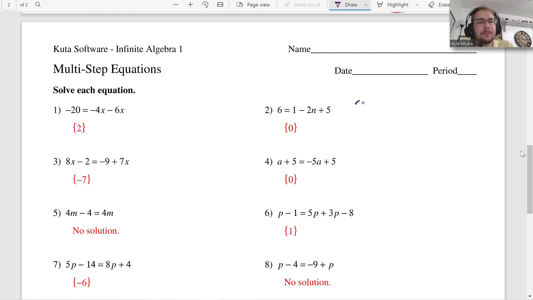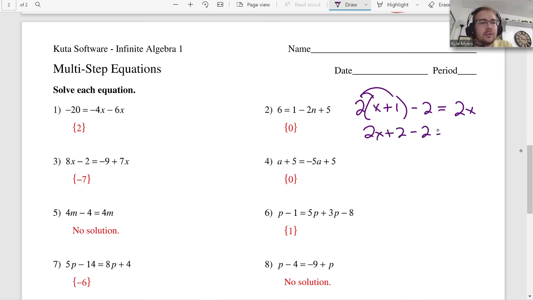Let's say I have 2x plus 1 minus 2 equals 2x. All right, let's say I have something like this. Okay, well, let's solve this thing. Right, so 2x plus 2 minus 2 equals 2x, okay? That would cancel, right?